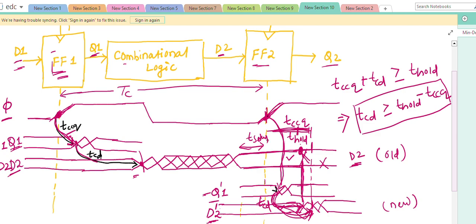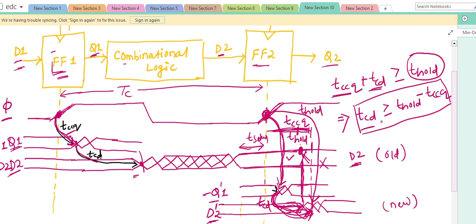Then from this clock, this is TCCQ plus TCD, which is the contamination delay. Then from here we are setting the hold time. So this delay, TCCQ plus TCD, should be greater than or equal to T hold. Then we will not get any hold time violation.